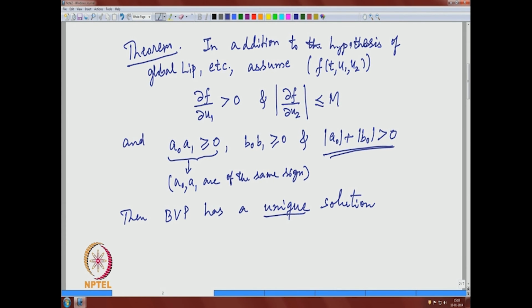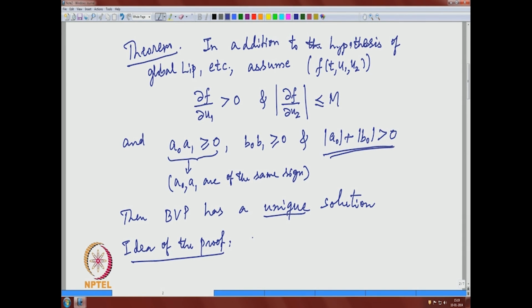So, we will prove this theorem because it is quite interesting, a bit technical, but it uses only one dimensional calculus. So, the idea of the proof is, let me just state that idea of the proof.